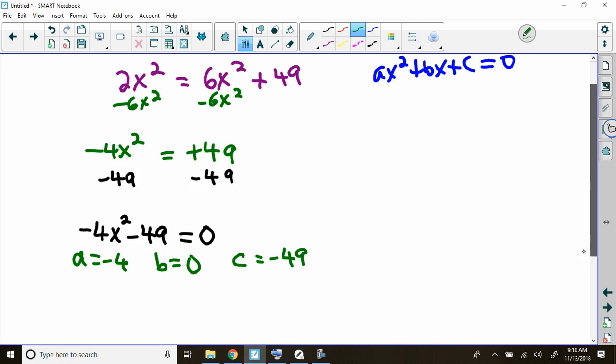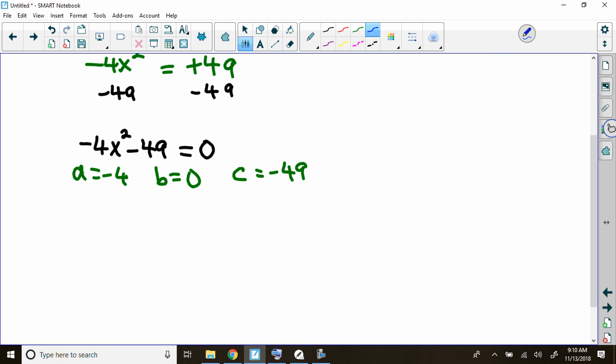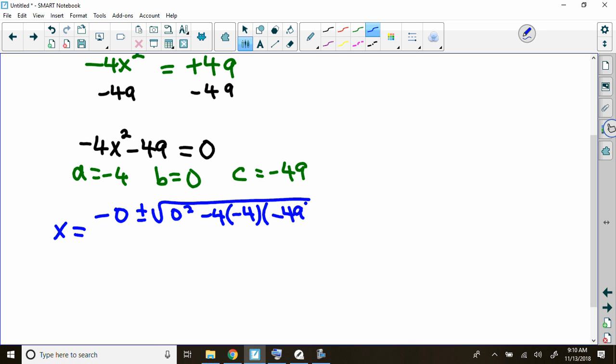So now here comes the big motorhome in the Walmart parking lot. x equals negative b, the opposite of 0, plus or minus the square root of b squared. That's 0 squared, minus 4 times a, which is negative 4, times c, which is negative 49. This is all divided by 2 times negative 4.